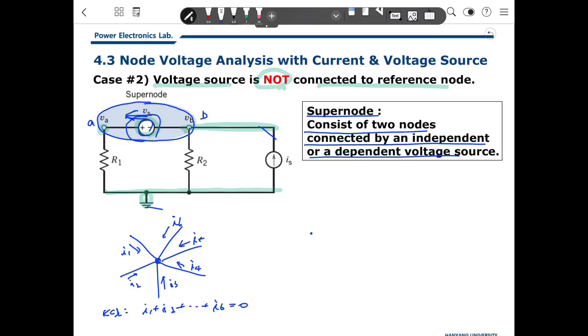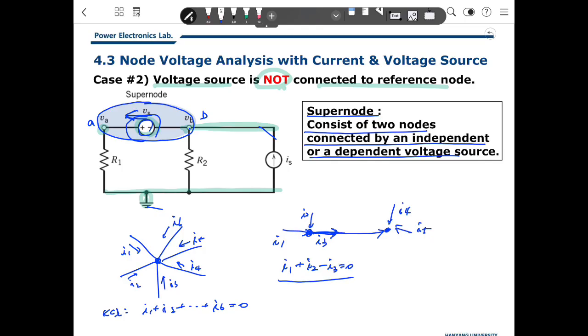Then we make two nodes here. One has I1, I2, and I3, and the other node has I4 and I5. Then we can get the KCL here: I1 plus I2 minus I3 is 0. This is the KCL. Is it okay?